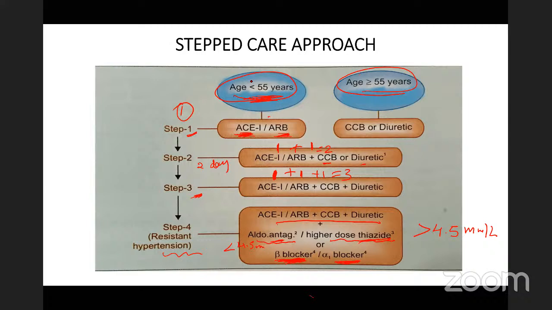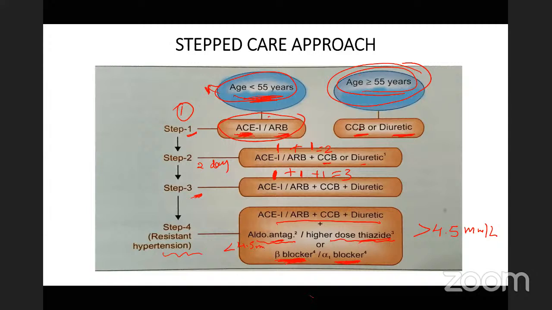The only change here is that in the less than 55 age group, we start with ACE inhibitors or ARBs. In those more than 55 years, you have to start with calcium channel blockers or diuretics. Because I have told you, in the younger patient, age less than 55, the plasma renin activity is more in this age group. Here in more than 55, the plasma renin activity is less.